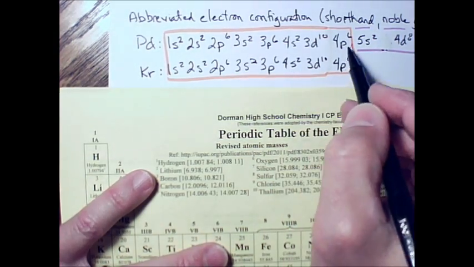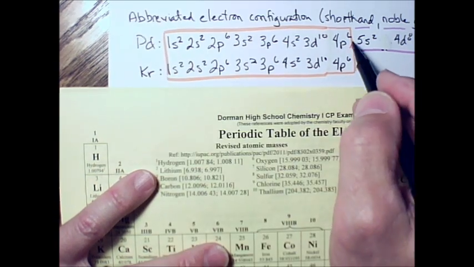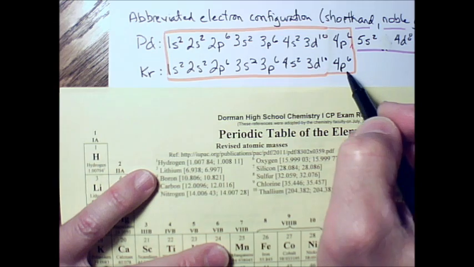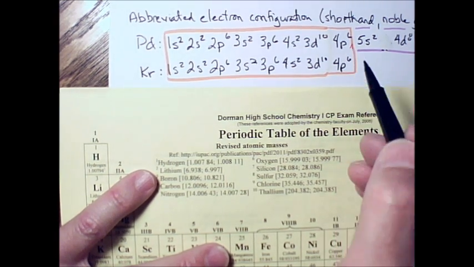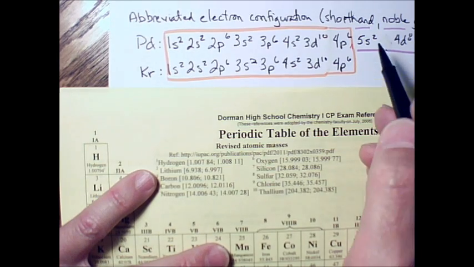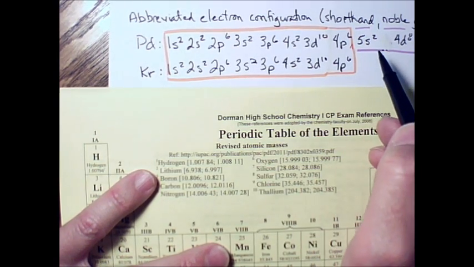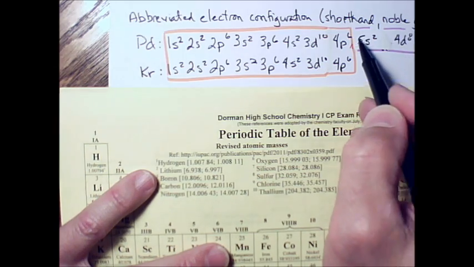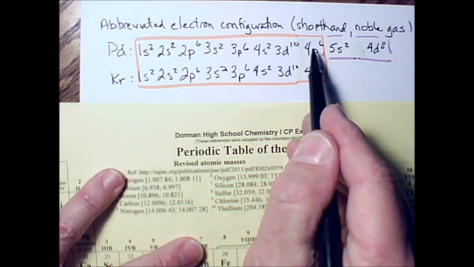Can you see that the electron configuration for Palladium up to this point is the same as the electron configuration for Krypton? And because the only part of the electron configuration that really matters to chemists is the part that is involved in bonding, and that's this part up here, we don't really need this part in here so much.